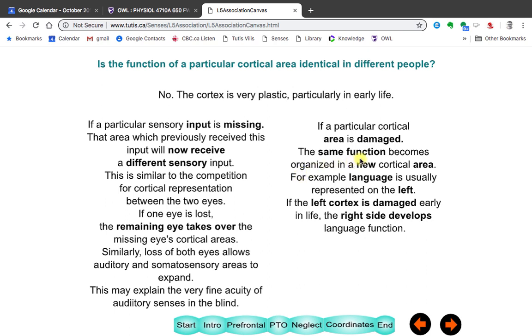Similarly, if one area got damaged, another area could take over. For example, language, which is usually on the left, if at an early age that for some reason received damage, the other side can take over, and the other side becomes your language area.